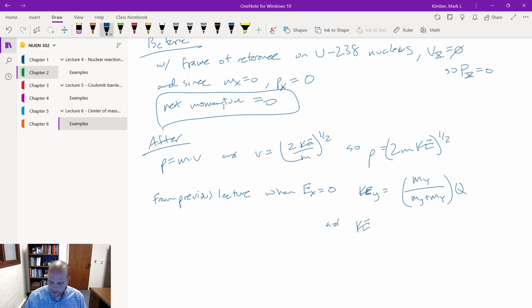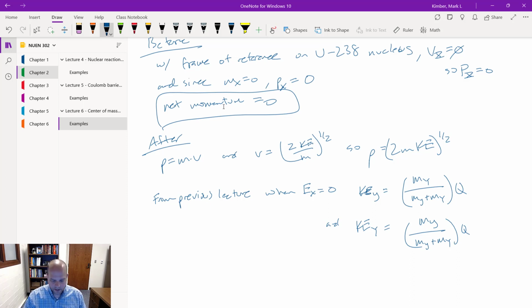And likewise, the kinetic energy of the heavy product is just going to be the same denominator, different numerator, times Q. And so what does that mean in terms of momentum?